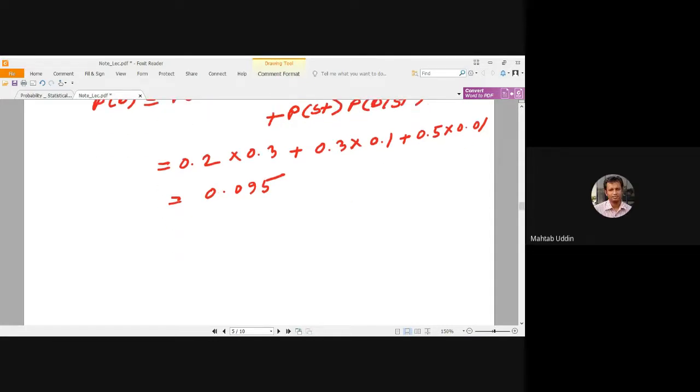Now, say a person has died. Say someone is the attendant of a patient. Is he from the serious one or critical one or stable one? We are taking the critical one.